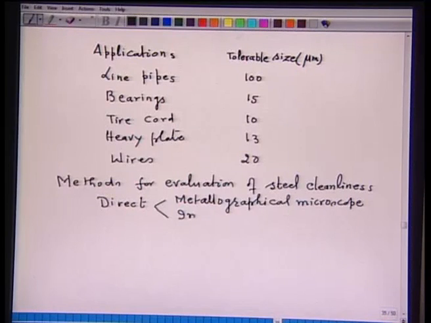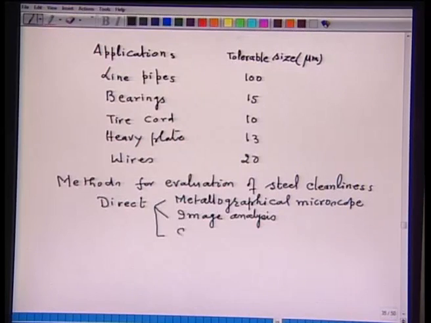Another important method is image analysis. Packages and software are available which can analyze the image for the inclusions. Third method is sulfur print.